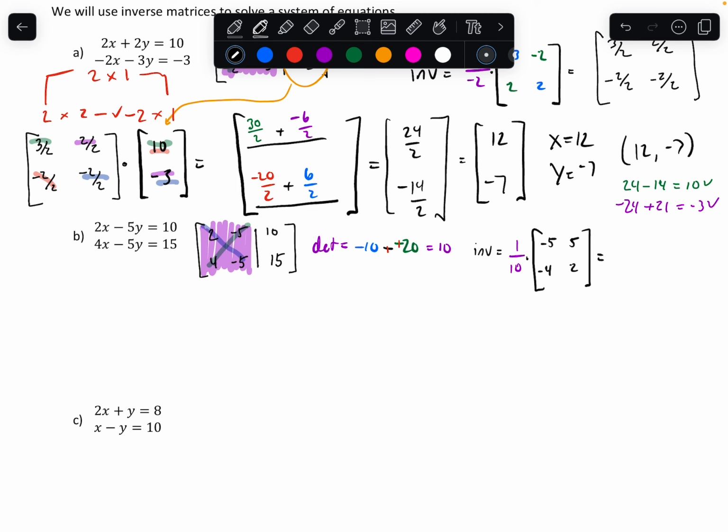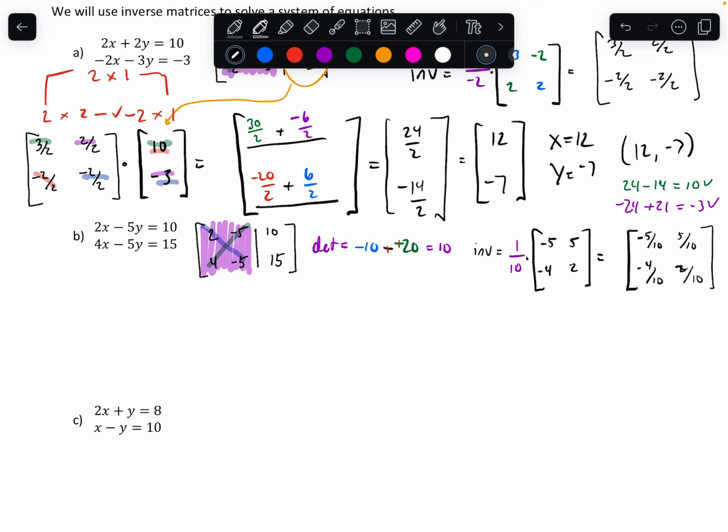And again, I'm just going to do this without changing any denominators, so negative 5 tenths, 5 tenths, negative 4 tenths, and then 2 tenths. So yeah, I'm going to leave all my denominators the same. That's 2 tenths.